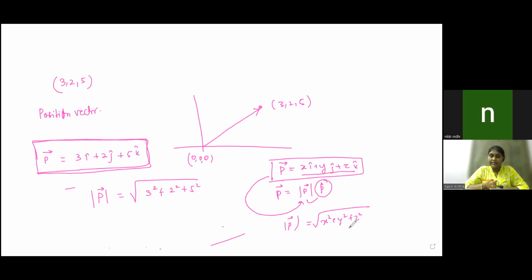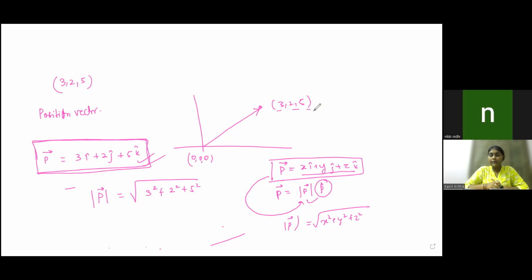Understood? Yes, sir. Does the position vector mean we should first find it in the format of x, y, and z, and then divide it by the root? No. Position vector or any vector means they are asking you to write the vector in coordinate form.